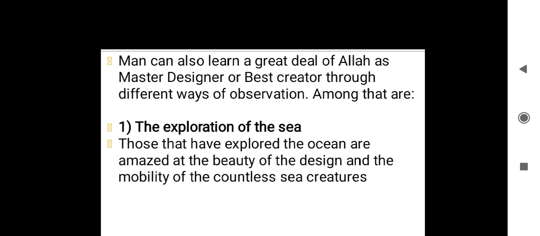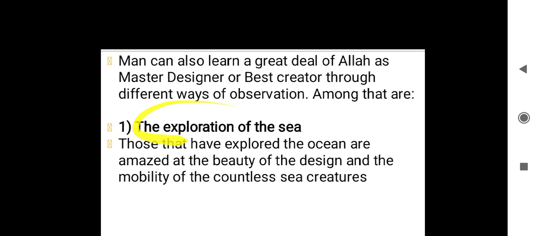So we only can realize Allah is the master designer and the best creator ever because humans are able to think by doing observation. So observe about what? Number one, observe or explore the sea.